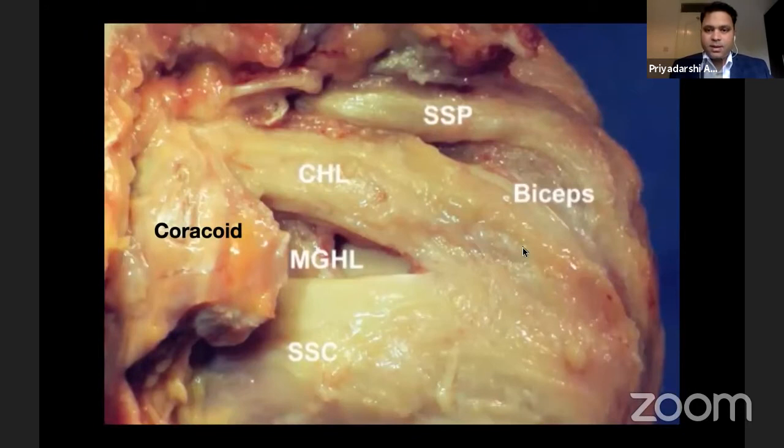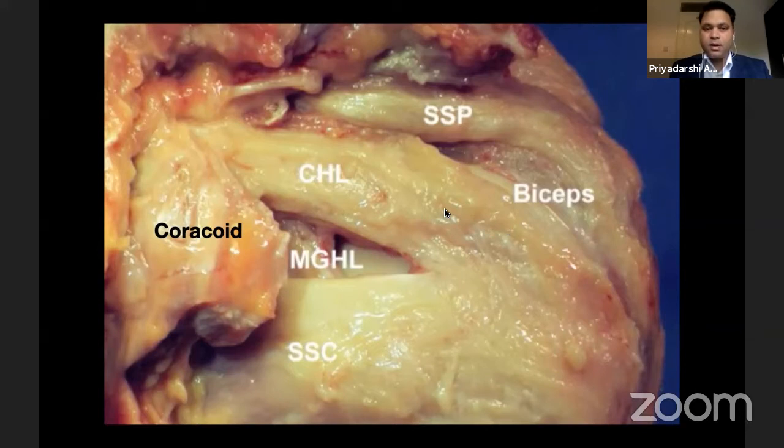Now this picture is the left shoulder anterior image, which describes the 3 common ligaments along with the biceps tendon and the 2 rotator cuff tendons. You start with the supraspinatus on the top, the subscapularis inferiorly, and there's a big ligament in between these 2 tendons, which originates from the coracoid process and inserts onto the lesser tuberosity.